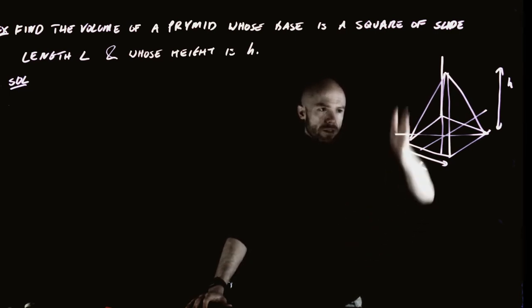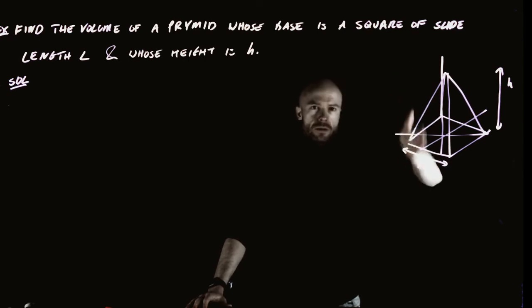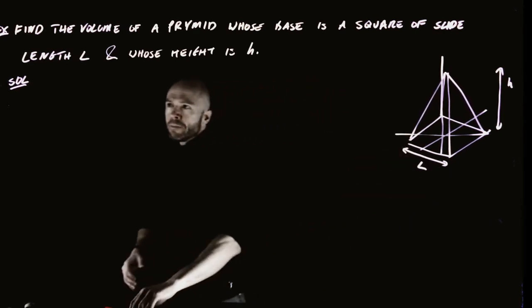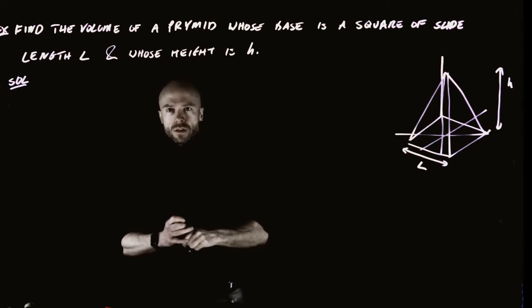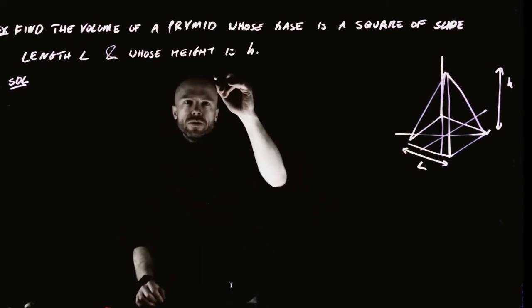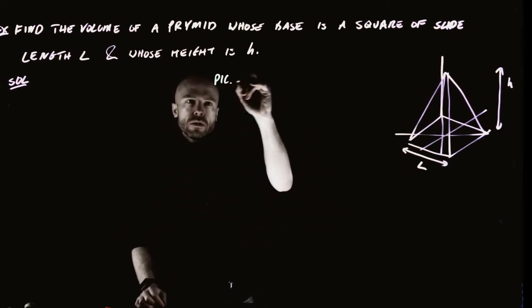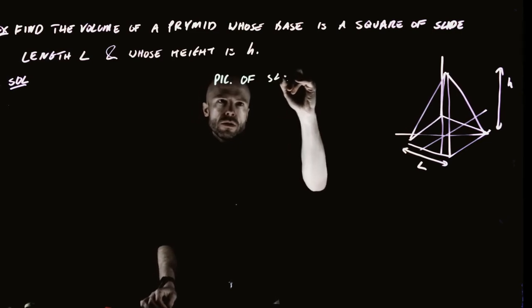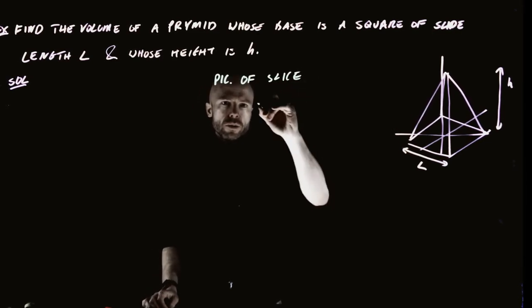In class, someone suggested slicing it down the diagonal, which would give you triangles. Agreed. But that's probably going to be harder than just dealing with squares. So we're going to go for squares. So, picture of the slice. It will be a square.